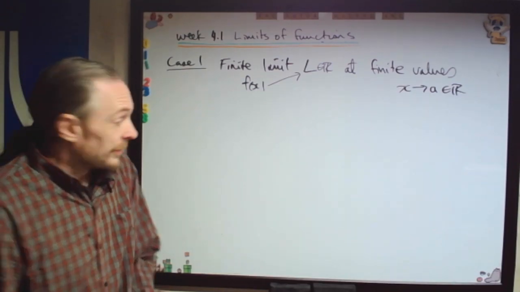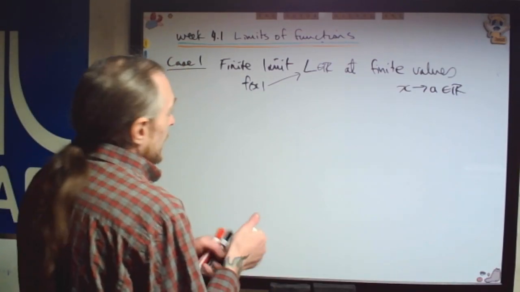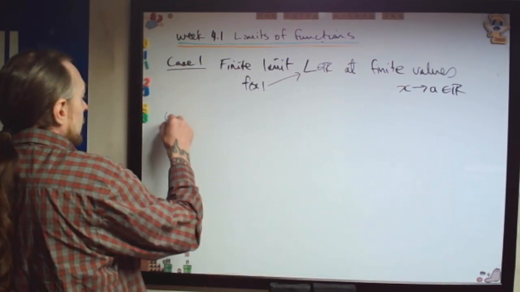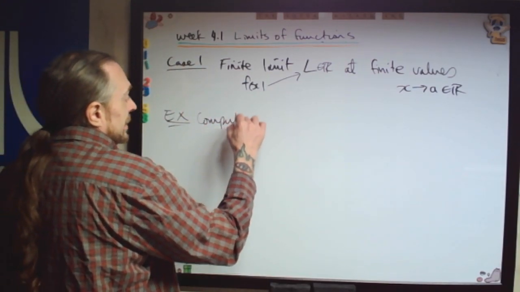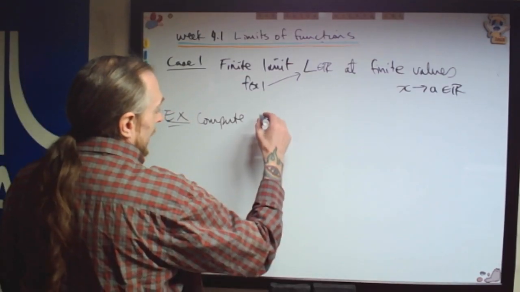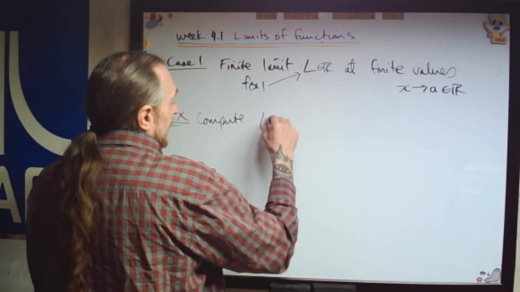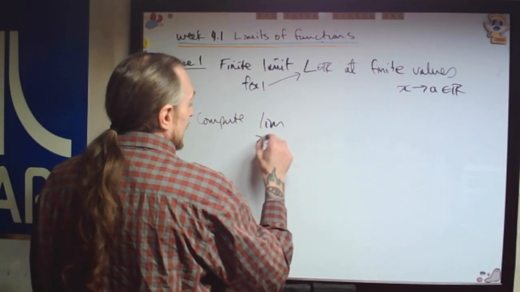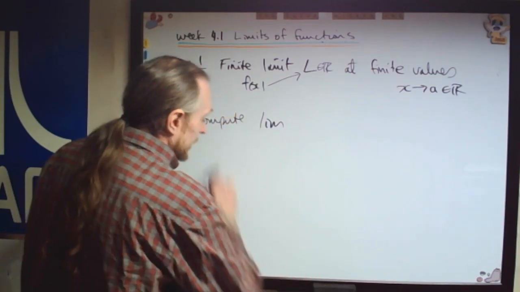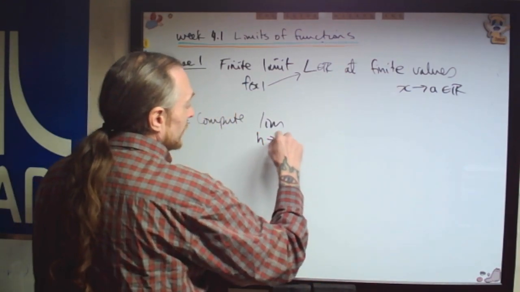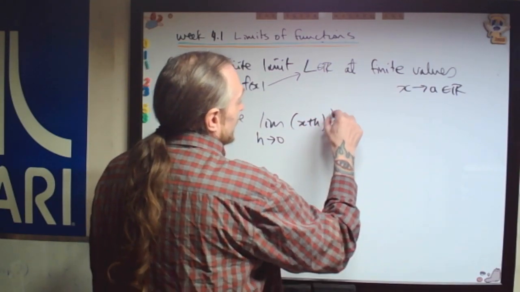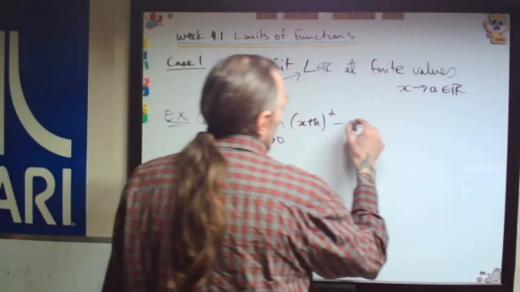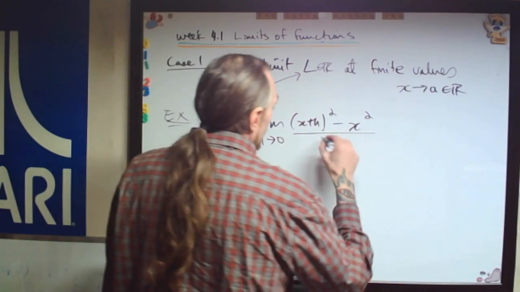And so let's see how to do that. Let's do, for example, compute or state why it doesn't exist. Then we're going to have the limit as h approaches 0 of (x plus h) squared minus x squared over h.